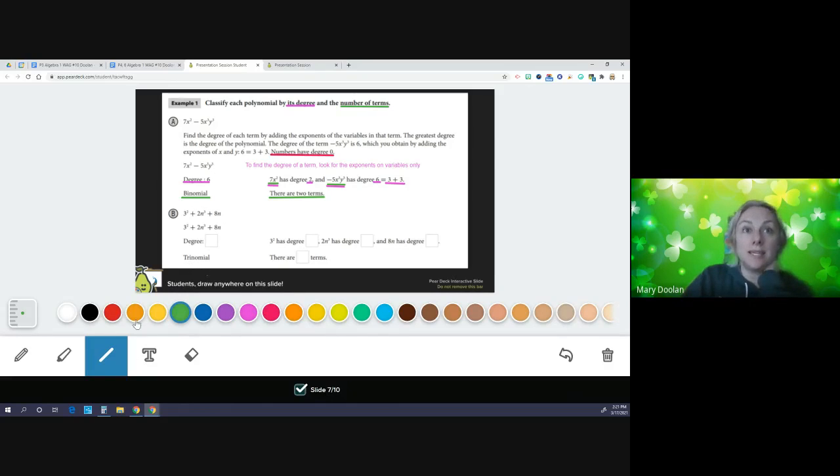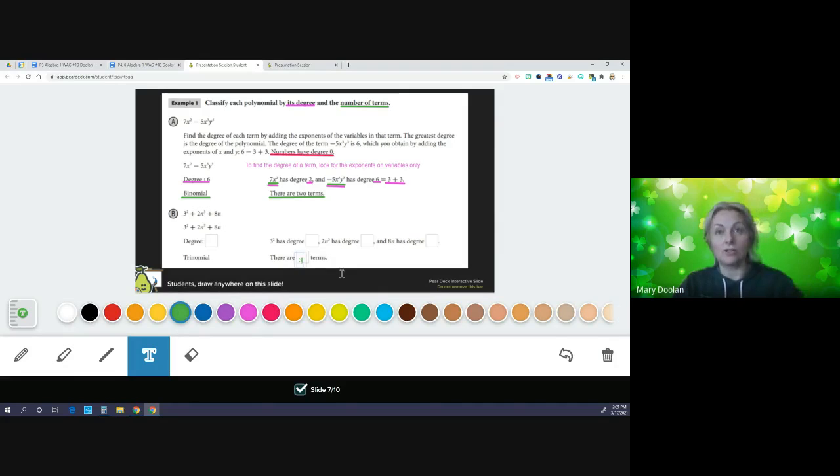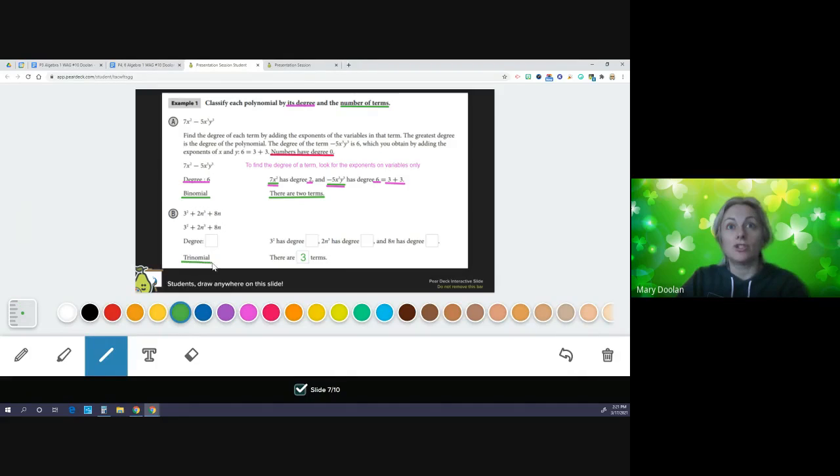I can see that there are 3 things added together, so that means there are 3 terms. And when there's 3 terms, 3 and tri mean the same thing. So this is a trinomial.